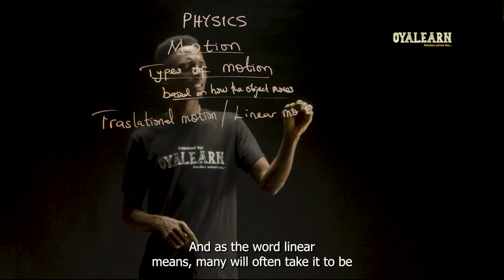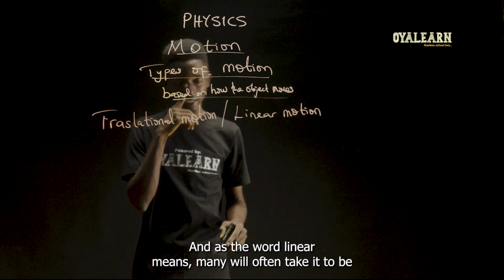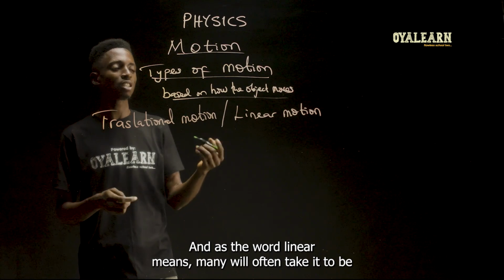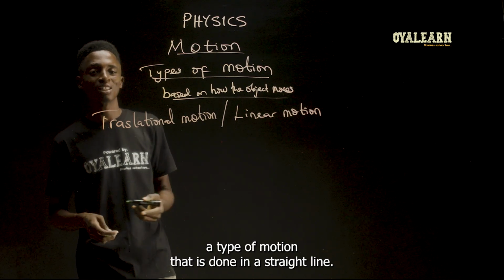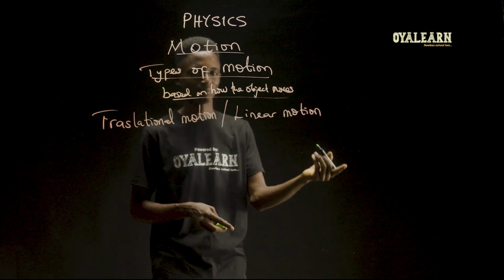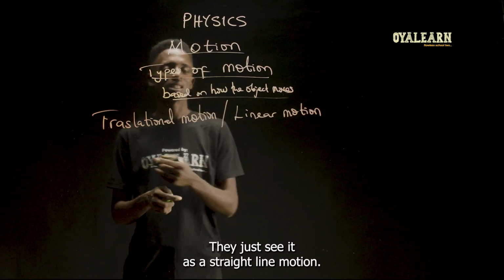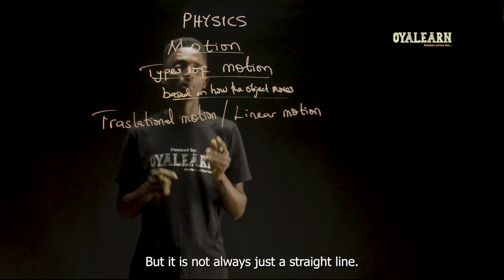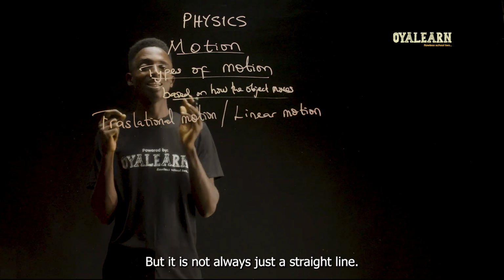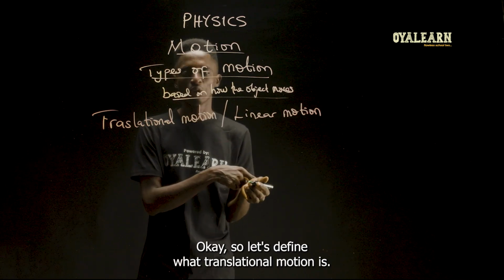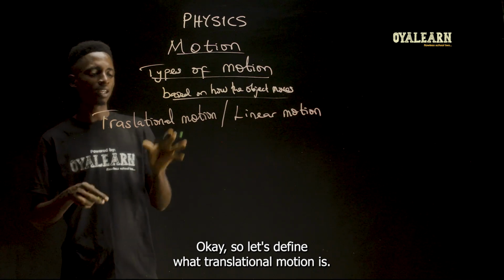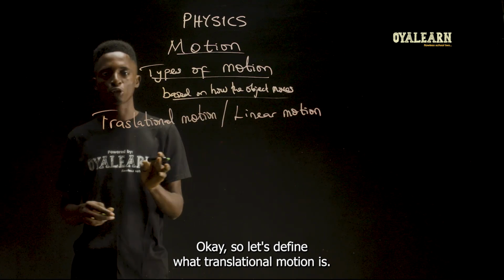And as the word linear means, many people often take it to be a type of motion that is done in a straight line. Okay, they just say that a straight line motion, but it is not always just a straight line. So but let's define what translational motion is.